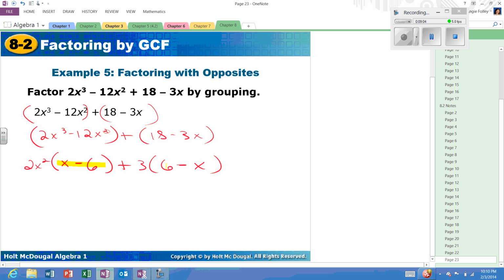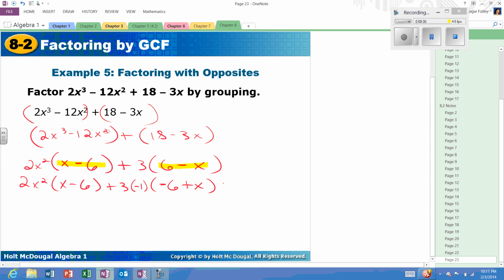these right here are opposites, so I want to make them the same. So what we said on the last slide is that I can pull a negative 1 out of one of them, and it'll make them the same. It doesn't matter which one you do, it's your choice. So I'm actually going to pull a negative 1 out of the second one. So if I pull a negative 1 out, that makes it negative 6 plus x.